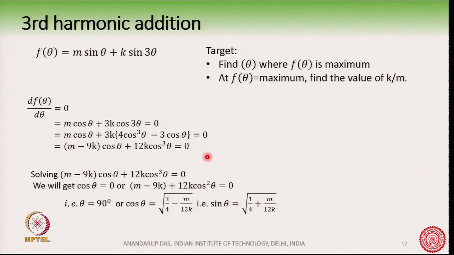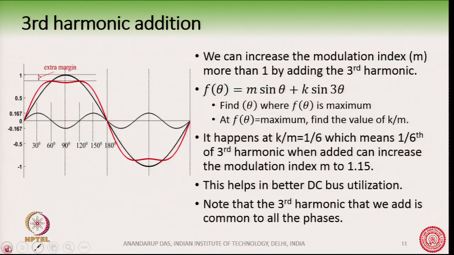theta. So, if I equate this to 0 and then solve it, we will get cos theta equal to 0 or m minus n k plus 12 k cos square theta equal to 0. If cos theta is equal to 0, which means theta equal to 90 degree, and we can see from this waveform that at theta equal to 90 degree, basically we are getting a minimum of the resultant.